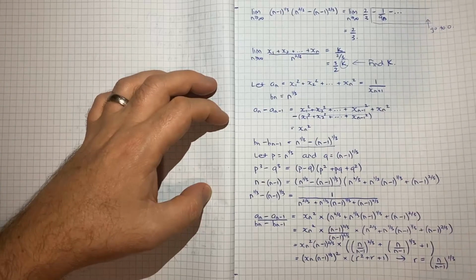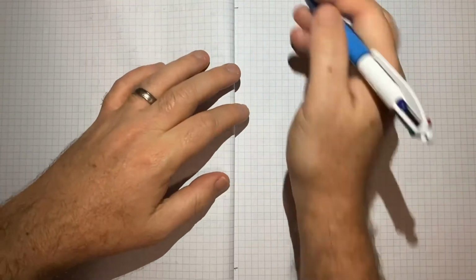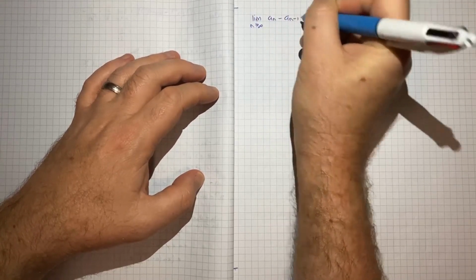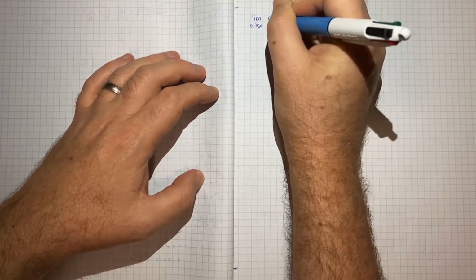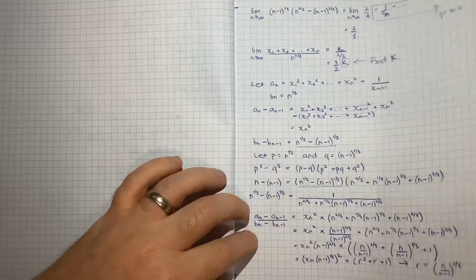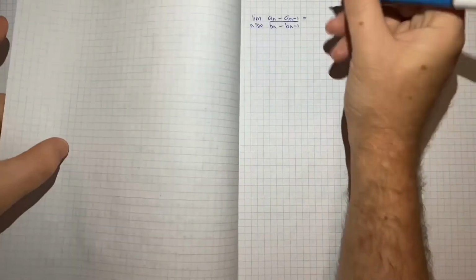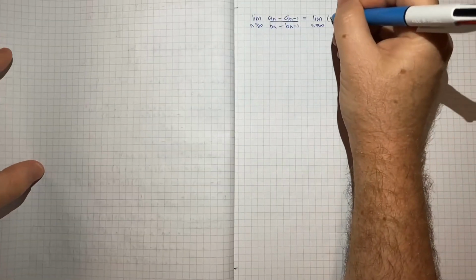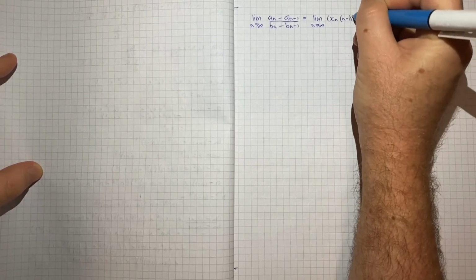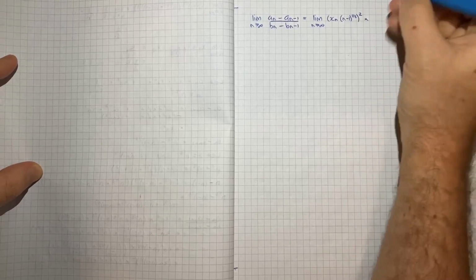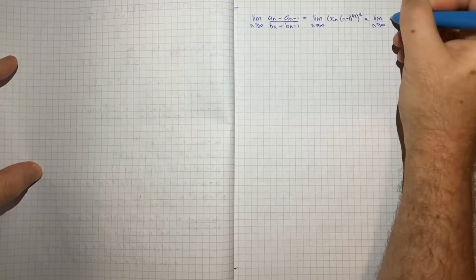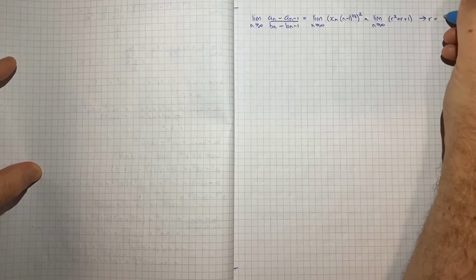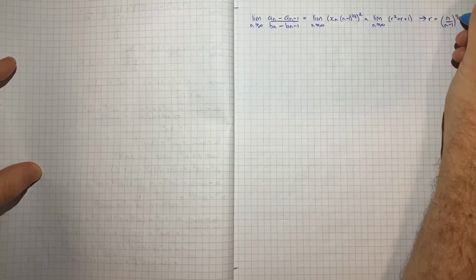So what I'll do is I'll turn over, and what we can say now is that the limit as n goes to infinity of a_n minus 1 on b_n minus b_n minus 1, that limit for this new instance of Stolz-Cesaro will be the limit as n goes to infinity of x_n, n minus 1 to the third, squared, times the limit as n goes to infinity of r squared plus r plus 1, remembering that r is equal to n on n minus 1 to the third.